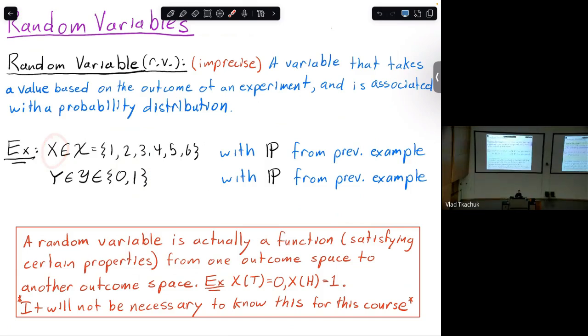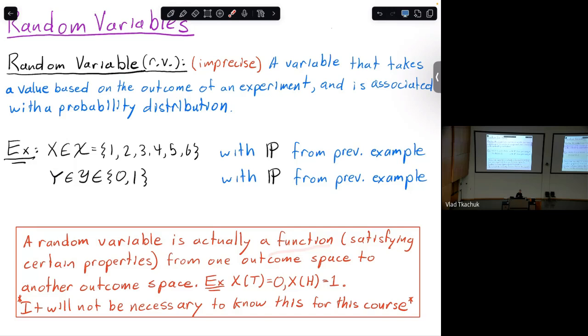The other thing, before showing examples of this random variable stuff, I wanted to mention again that this is how it's brought up in probability courses. But in reality, it's actually not random or anything like that at all. It's actually a function in the measure theory world. And sometimes people will explain it this way too.